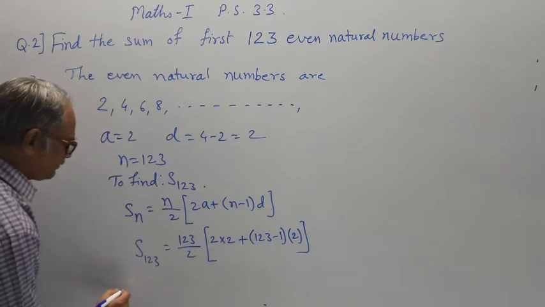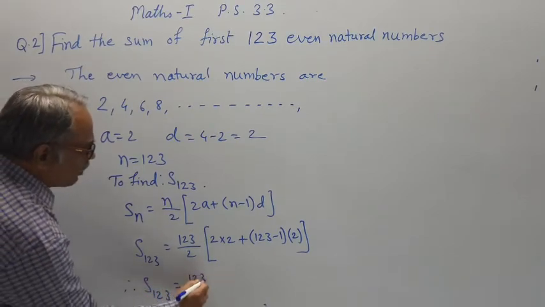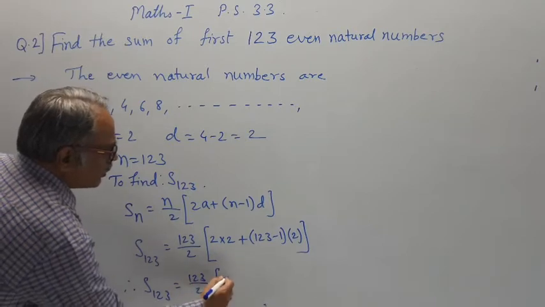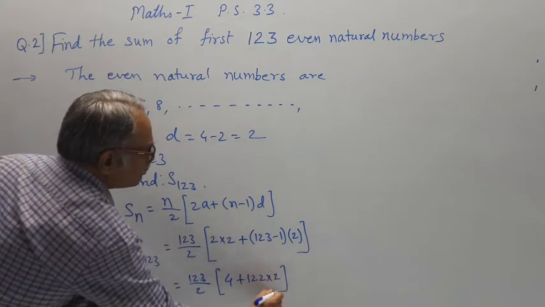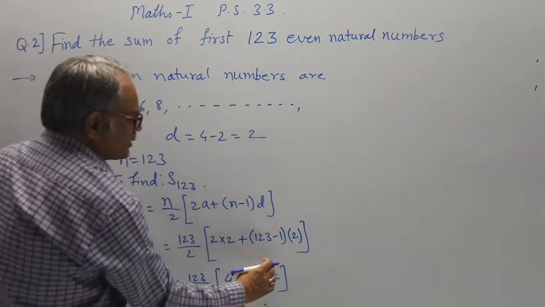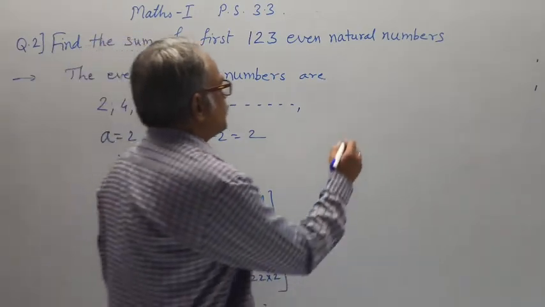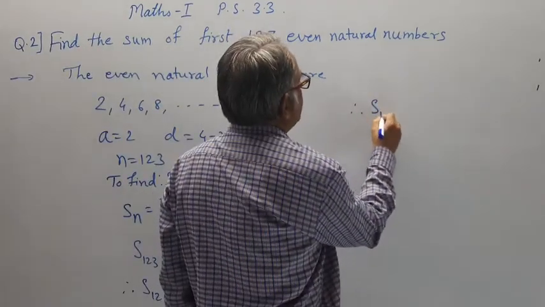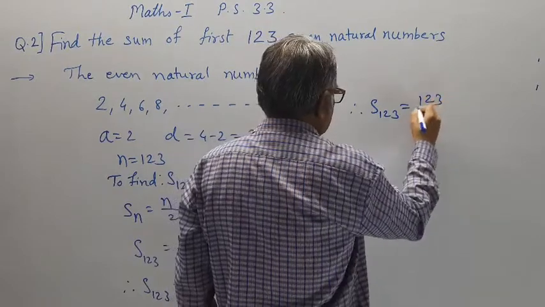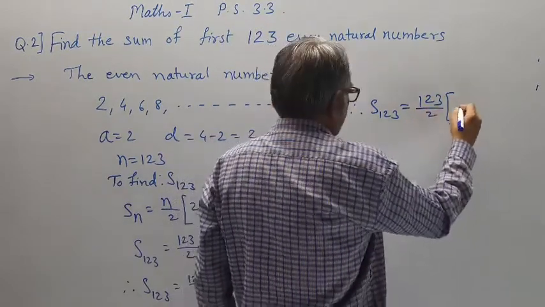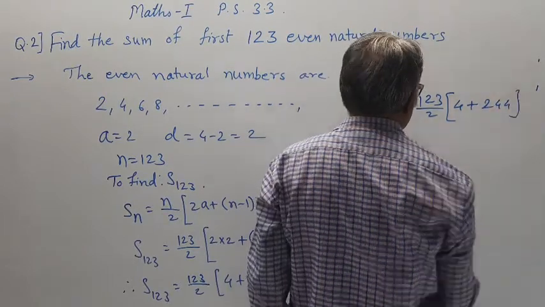S123 is 123 upon 2 bracket 4 plus 122 into 2. Bracket part first, then product, then addition. Therefore S123 is 123 upon 2 bracket 4 plus 244, 122 double.